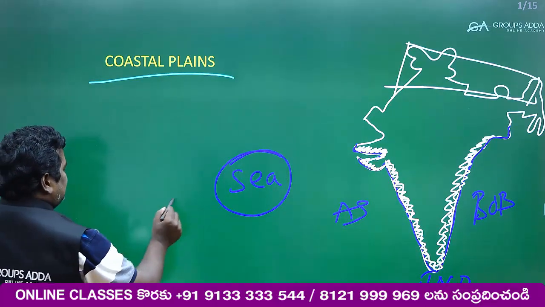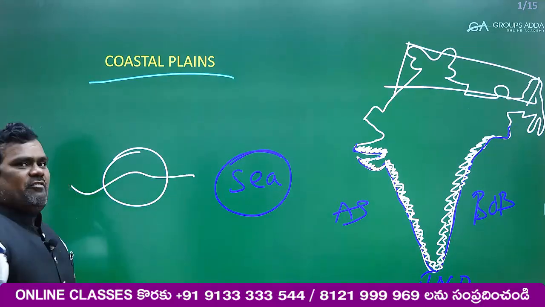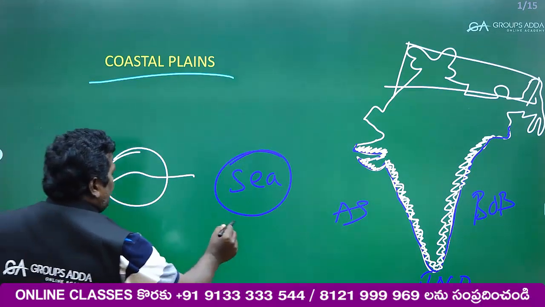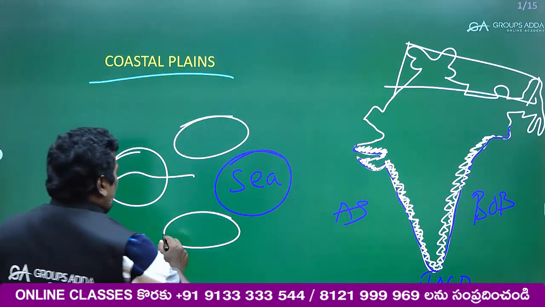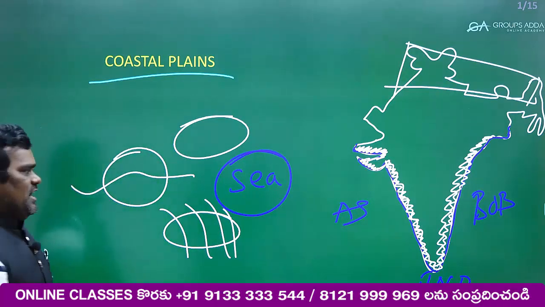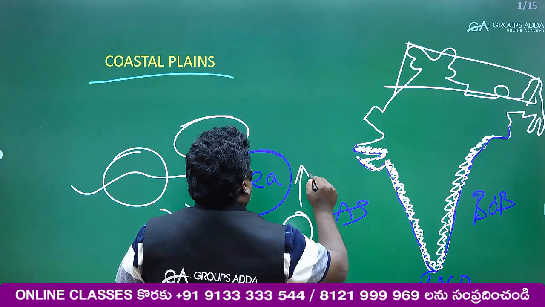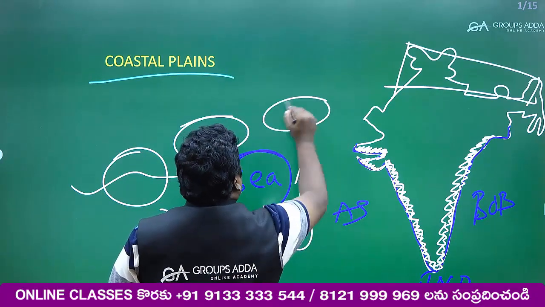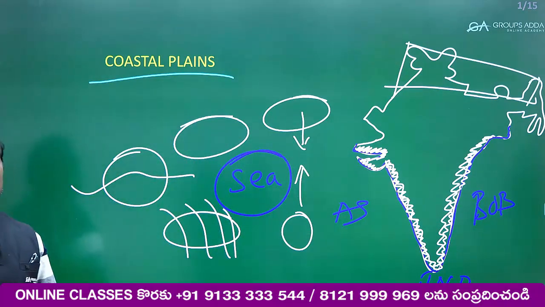See here, I told you that Pangaea got divided into Gondwana and Angara, and once again Gondwana got divided as Indo-Australian plate. Now the Indian plate is moving towards north to hit this Angara plate. Angara plate is coming towards south.